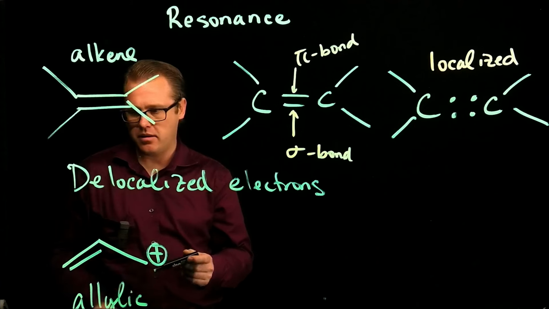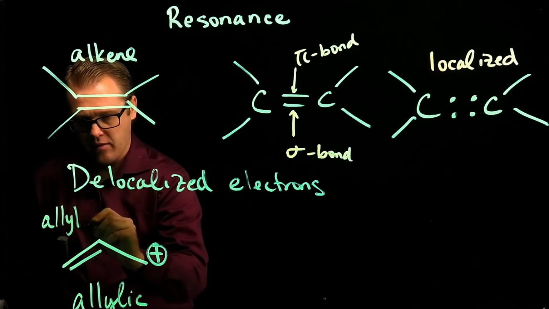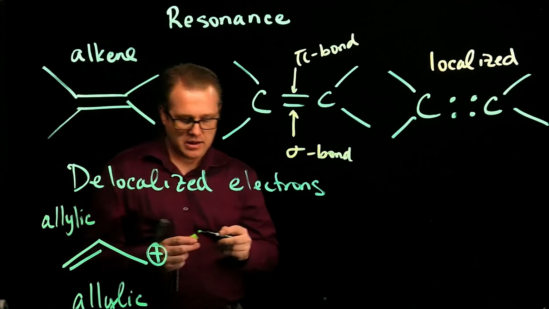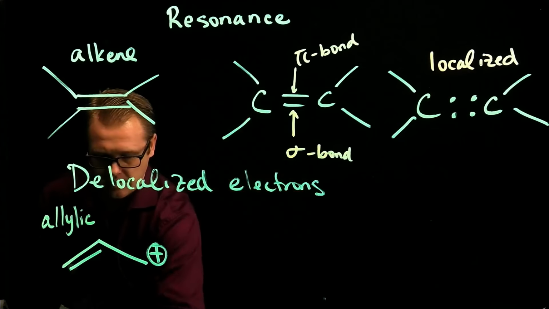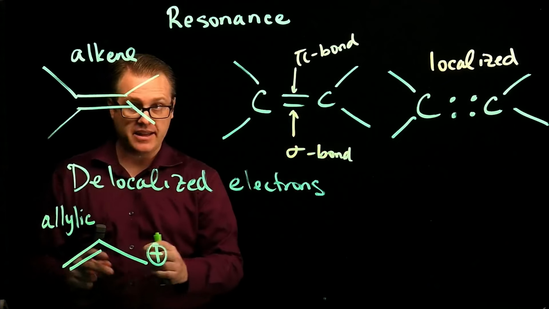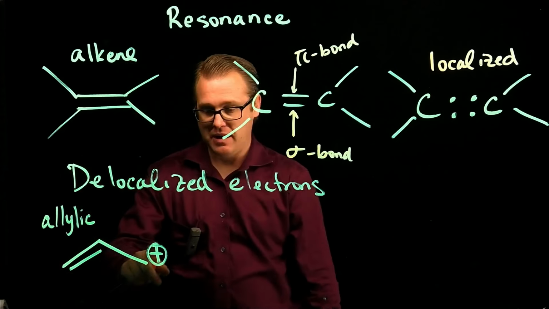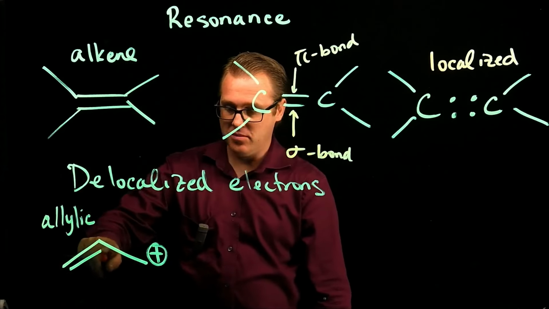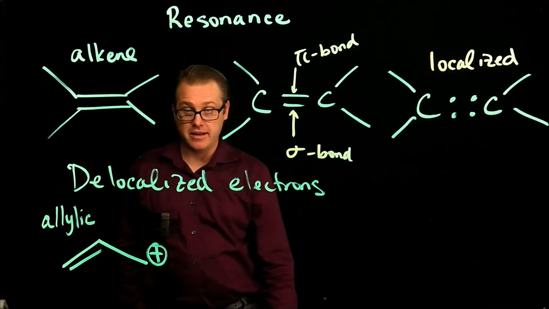Not very well, so let's draw it up here. It is called an allylic group. And an allylic is when you have at least three carbons, 1, 2, 3, and you have a carbocation, single bond, double. That is called an allylic, or an allyl group.